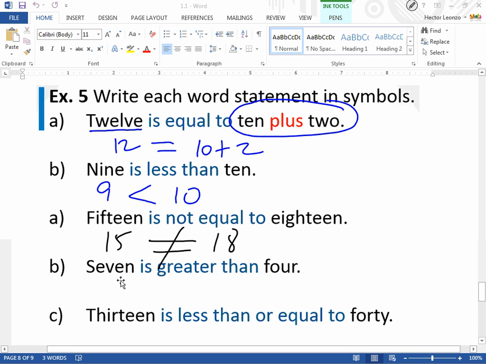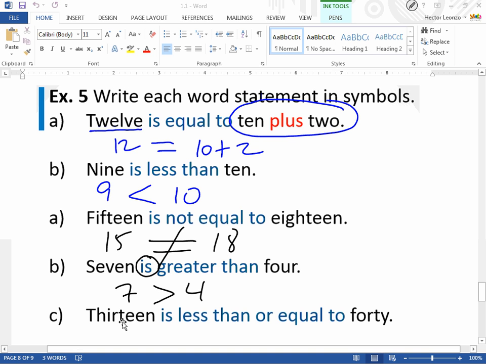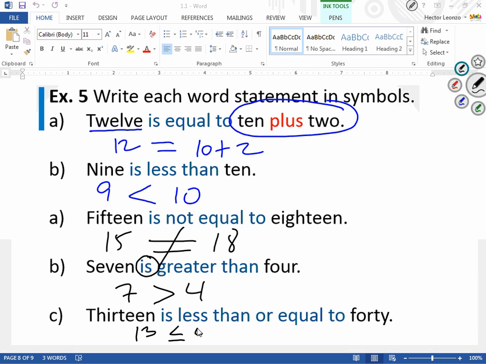Now from this other example B, 7 is greater than, once again, inequalities always start with the word is, so is greater than 4. And the last example, 13 is less than or equal to 40.